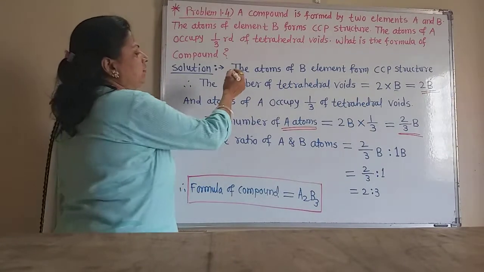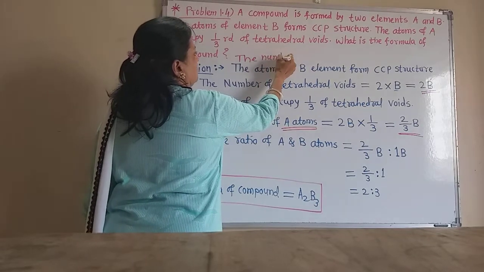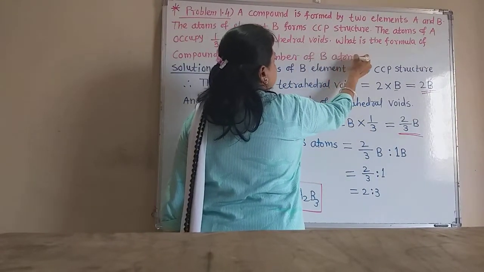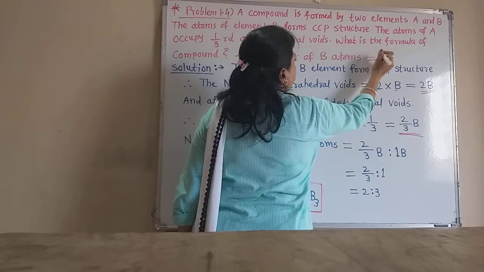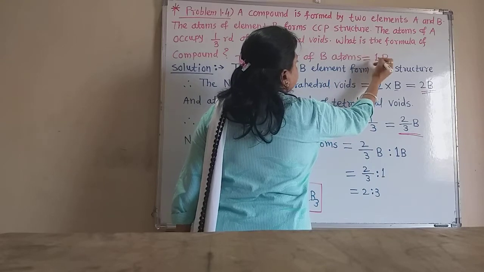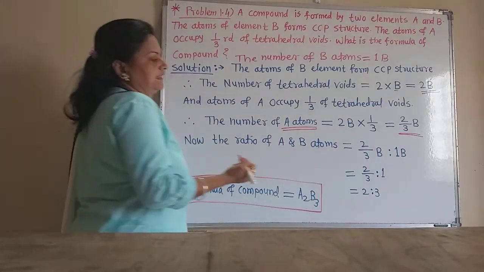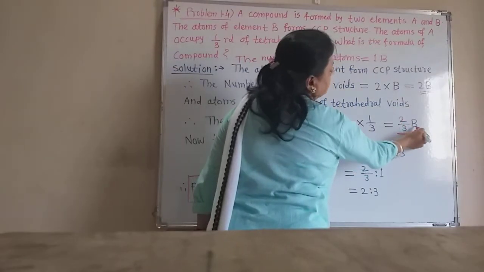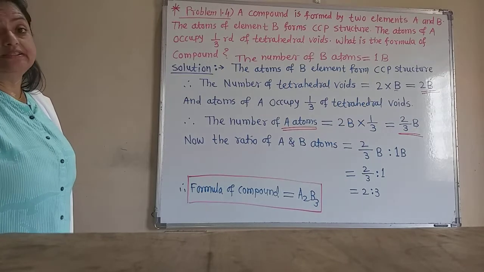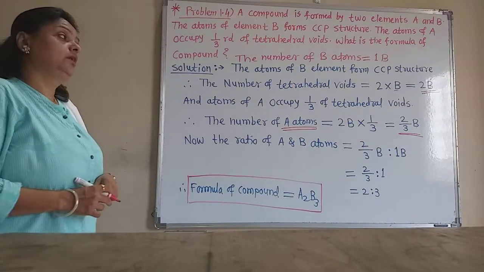Here we can write the number of B atoms is equal to 1B suppose. Then the number of A atoms is 2/3 of B. These are the number of A atoms, and 1B is the number of B atoms, and twice B are the total tetrahedral voids.